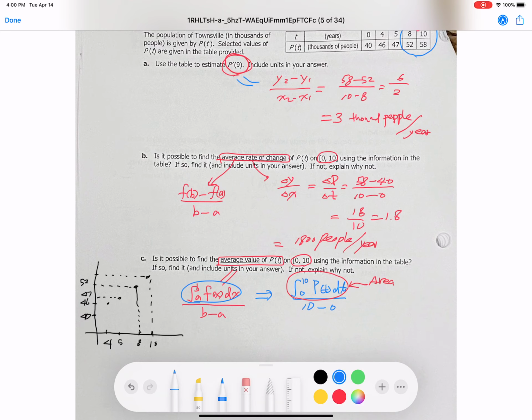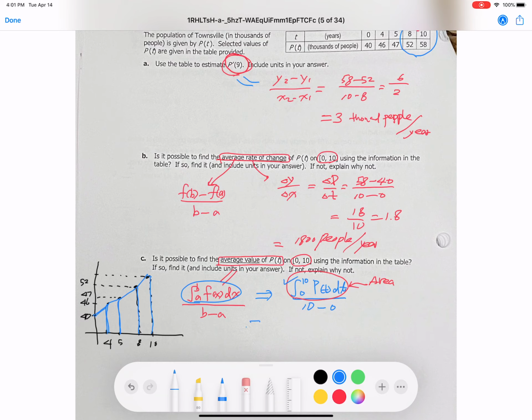So I use trapezoid area because I don't know what kind of curve it is, but if we connect those points, we get this kind of graph. So just find the area under the curve. It looks like trapezoids, right? I'm going to find the full trapezoid area for this part.